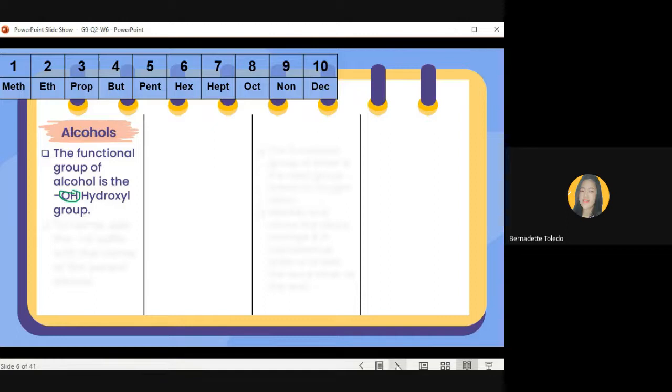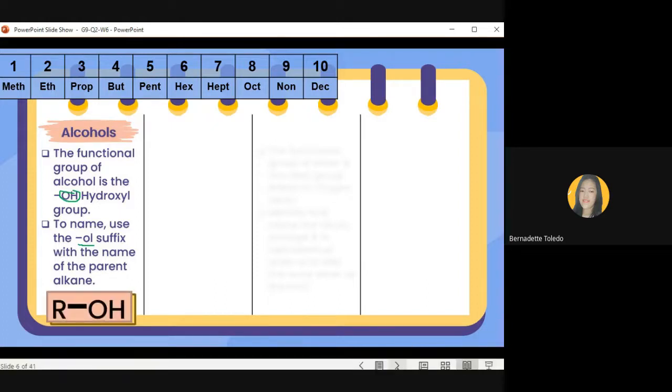Now the names of alcohols end with OL. So to name the alcohol compound, we will use OL as a suffix with the name of the parent alkane. Last time we discussed how we will name the alkanes, alkenes, and alkynes, those hydrocarbons. So we will use that knowledge here in our lesson.